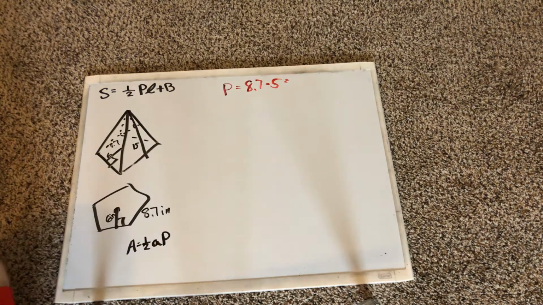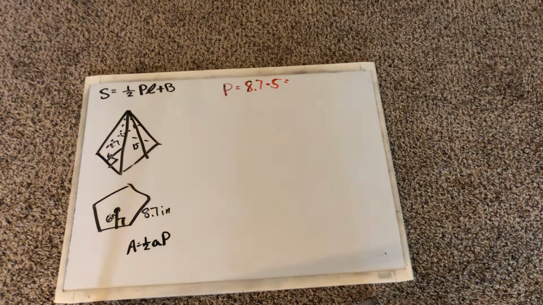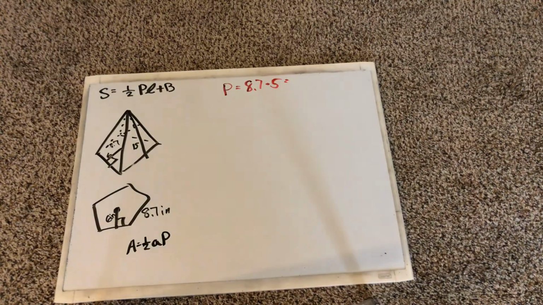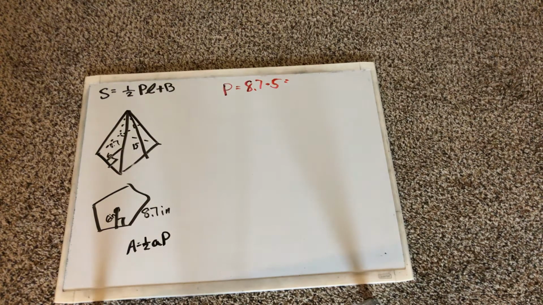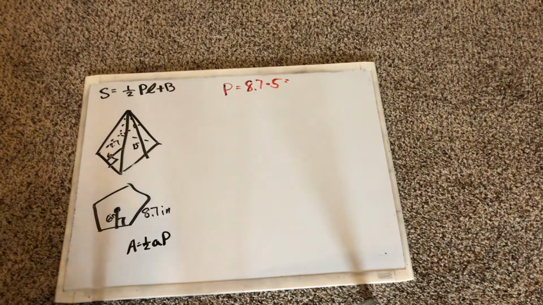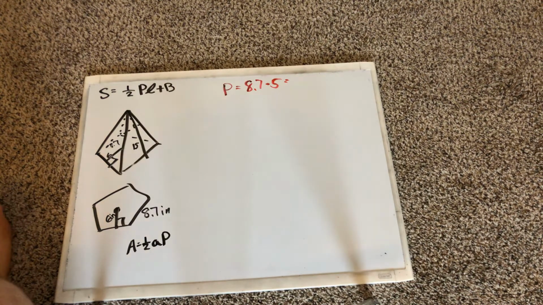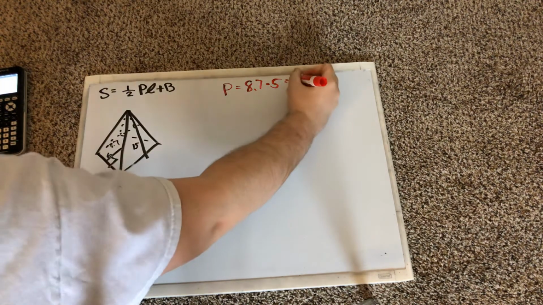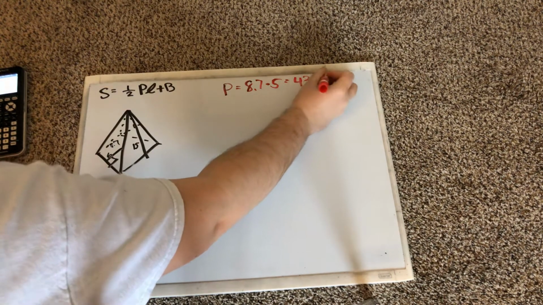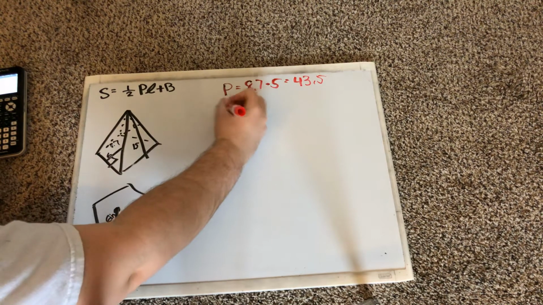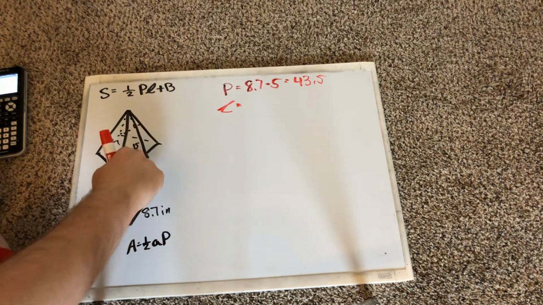So let's do some quick maths. Where'd my calculator go? Alright, 8.7 times 5 is 43.5. Okay. The slant height is right here, it's 15.